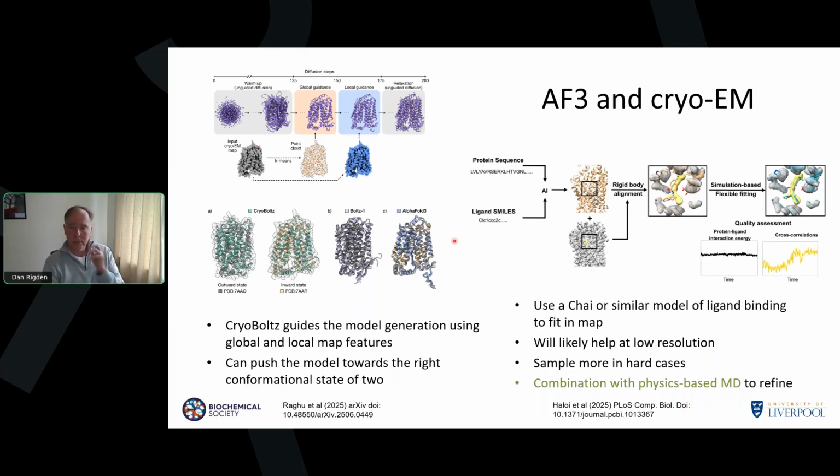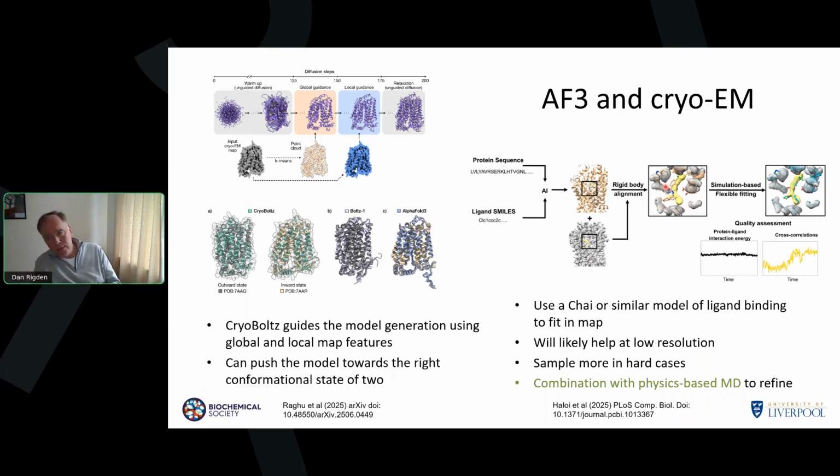You can also use the ligand binding options of AlphaFold 3 and similar tools to provide initial estimates of where the ligand is binding. So this was work using Chai, which is another tool, I haven't mentioned it yet, but here you've got a kind of typical blob where the ligand is, but it's not unambiguous by any means.